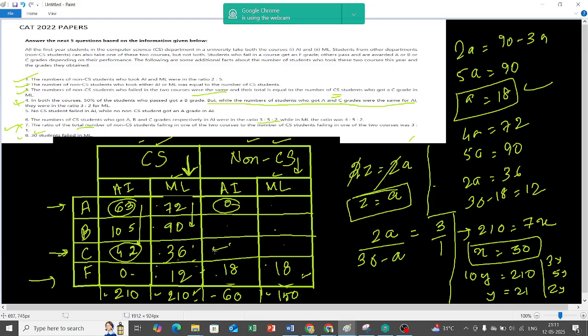So can you tell me what will be this value? ये information बोला है ना, so that means this 63 plus 0 is equal to 42 plus whatever this is. So what is going to be this box, can you tell me?